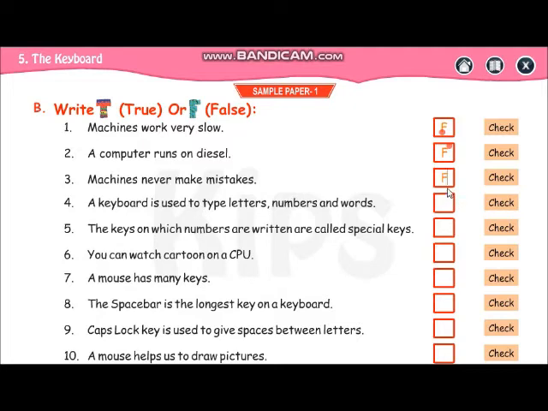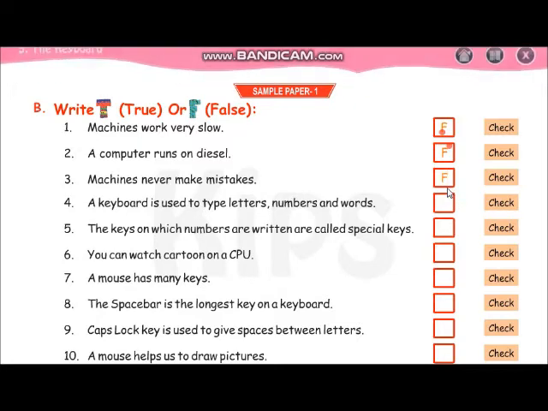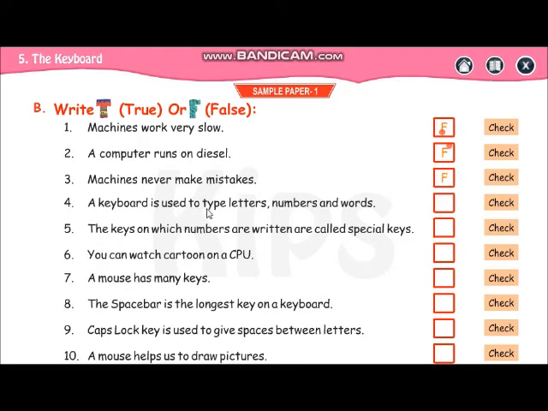Sometimes machines can also make mistakes if error is there. Okay. A keyboard is used to type letters, numbers, and words. True. The keys on which numbers are written are called special keys. False. F. Okay, I'm going to erase that.